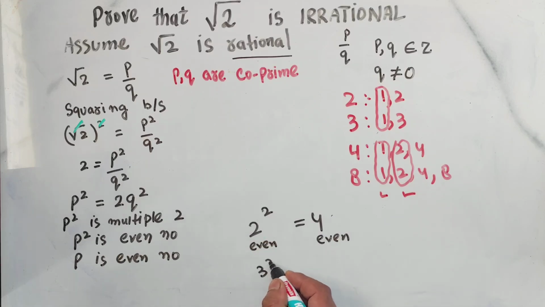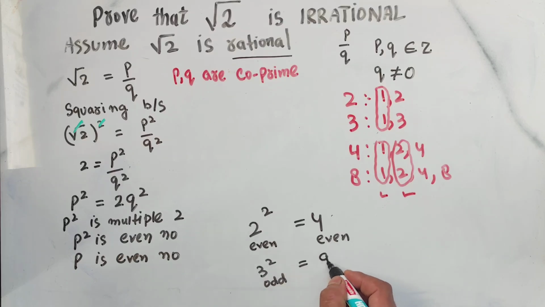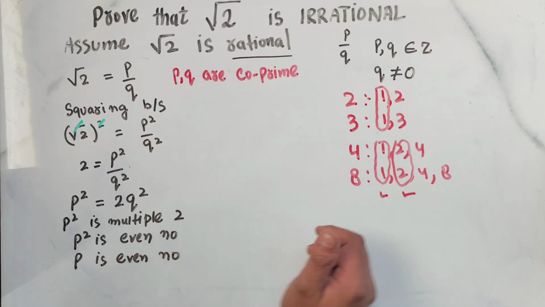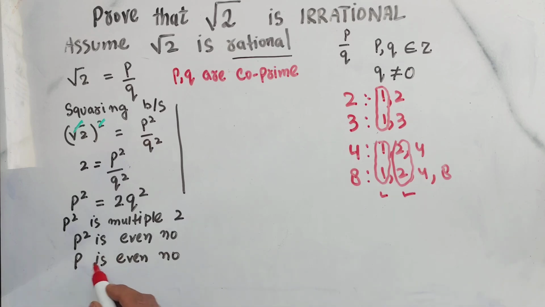If we have 3 square, here 3 is odd, and square of 3 is 9, which is odd. So this property is simple. If p square is an even number, that means p in fact is an even number, obviously. So it implies p is an even number.